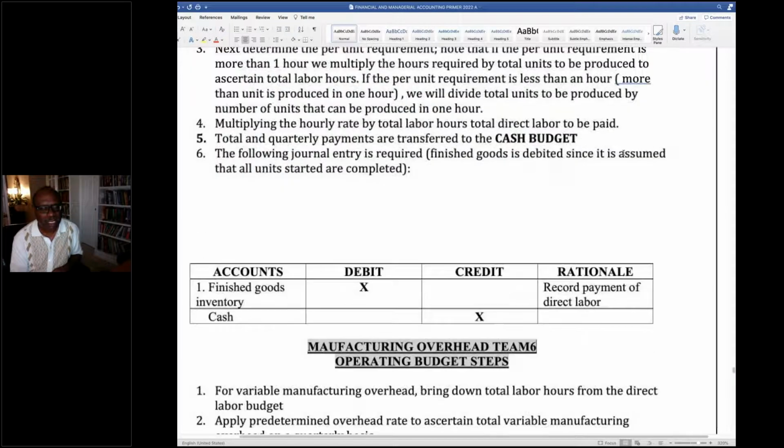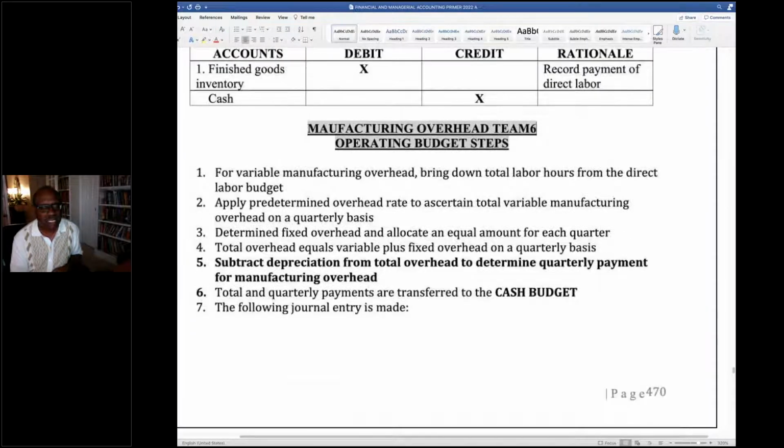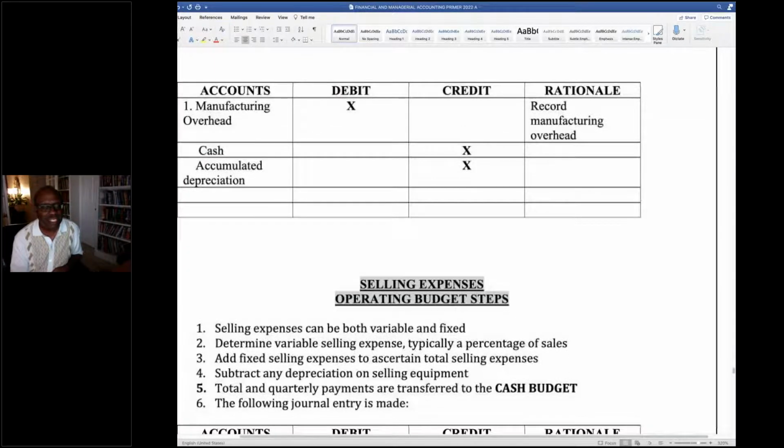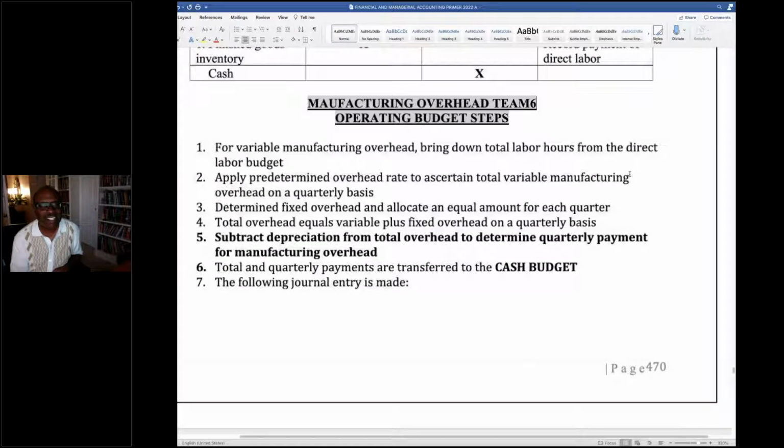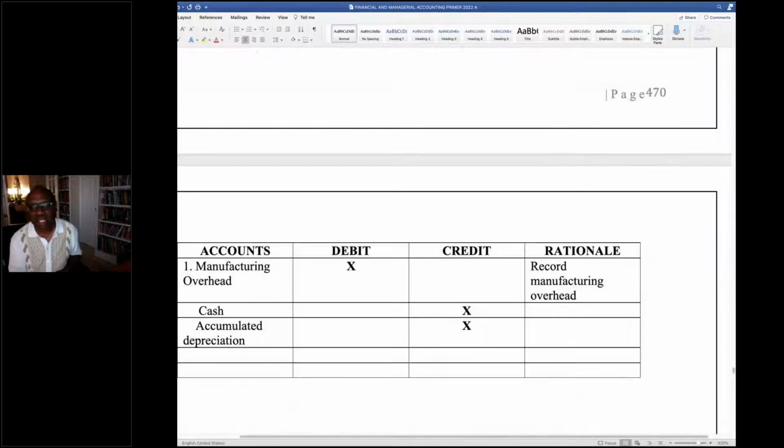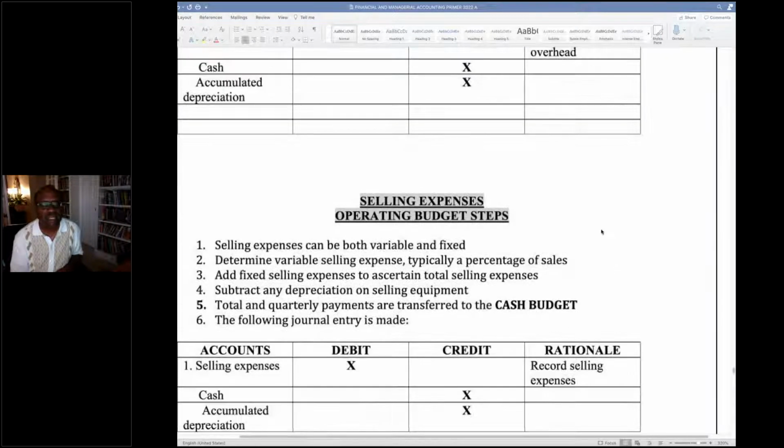So we have them all here. Team 6, you said 5 had direct labor. That can be a tricky one at times. Team 2, you all got selling expenses.